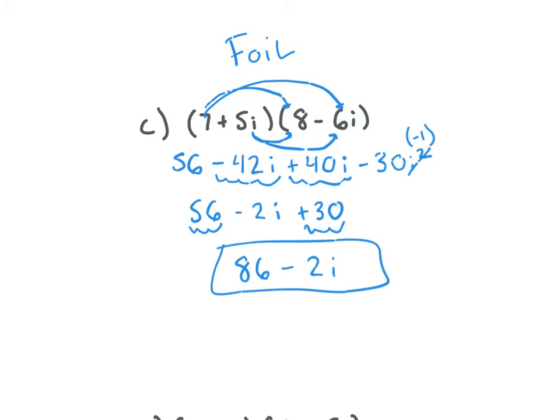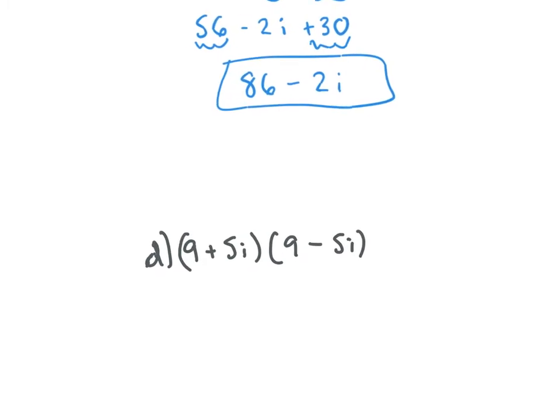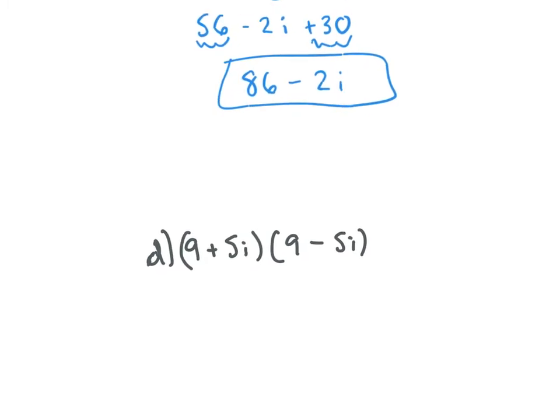All right, D, again, we're foiling. So we multiply our first terms together, which is 81. Then our outsides, so 9 times negative 5i would be negative 45i. Then our insides, positive 45i, then our last terms, negative 25i squared.